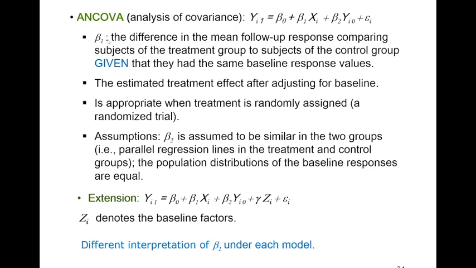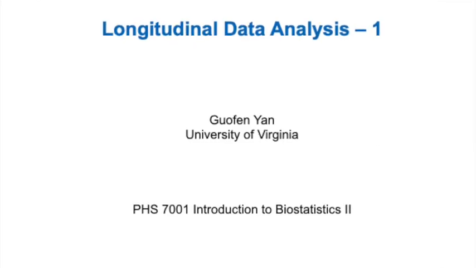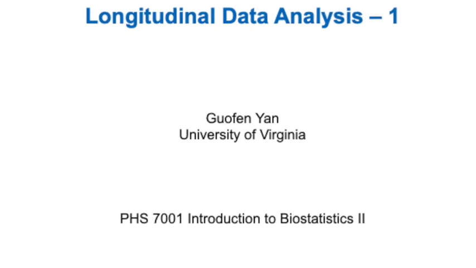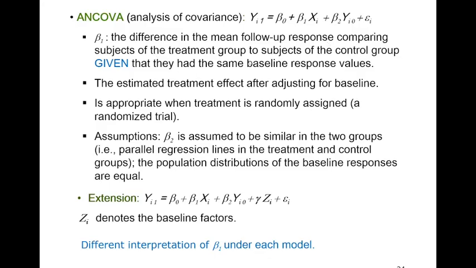In this model, beta 1 is interpreted as the difference in the mean follow-up response comparing subjects of the treatment group to subjects of the control group, given that they had the same baseline response values. What does that mean? It means I get the estimated treatment effect after adjusting for baseline.